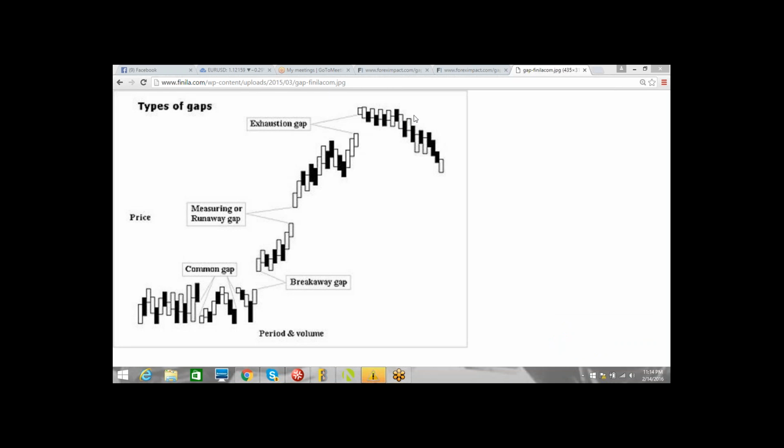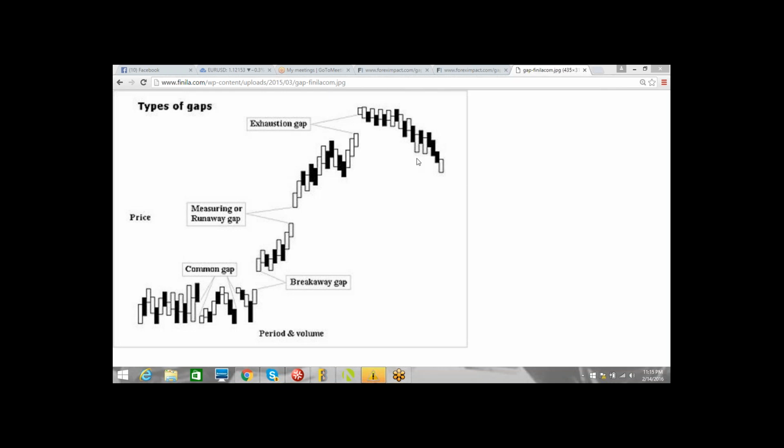And what happens after that is it will either consolidate horizontally, or it's going to continue in the direction it was going when it filled the gap. So in this case, when it filled the gap, it was going down. So it's normally going to either consolidate and kind of flatline, or it's going to continue going down the same direction.